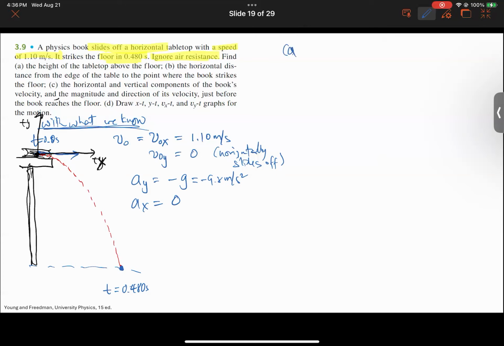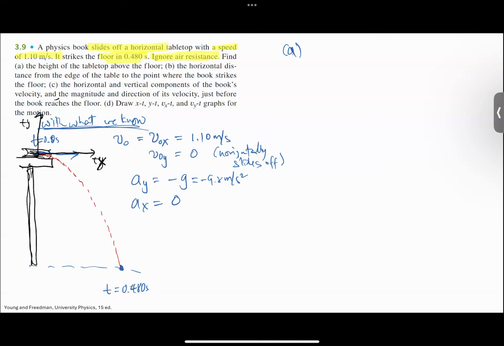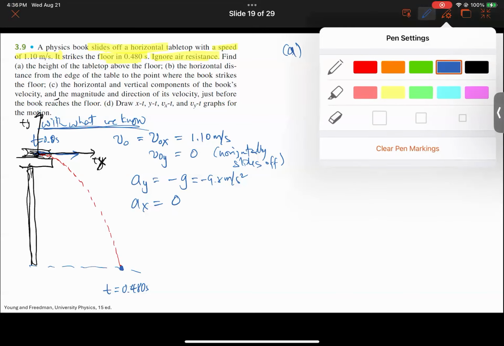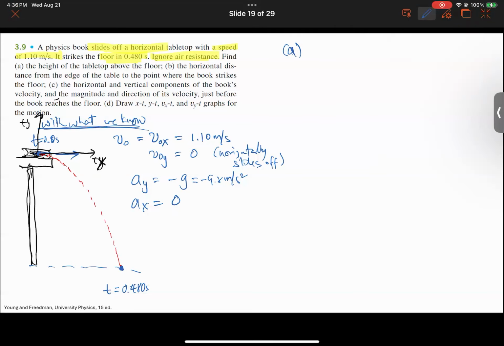So let's start. Letter A, height of the tabletop above the floor. Ang alam natin dito is merong time, merong velocities, and then ang pinapahanap is height. Okay. By the way, if we put the origin at this initial position, so ibig sabihin initial position has coordinates 0, 0. Okay. So we use this equation y equals y naught plus v naught y t minus 1/2 g t squared.